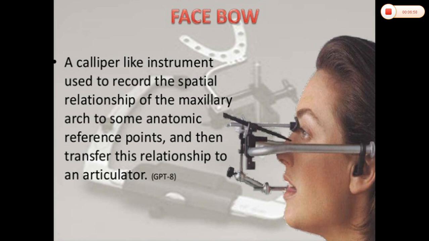Whenever you are transferring any spatial relationship from the patient's face to the articulator, first it has to be referred. That means first that position has to be made parallel to certain reference points on the patient's face, and then that relation has to be carried from the patient's face to the articulator so that it can be oriented in the same way as it is in the patient.